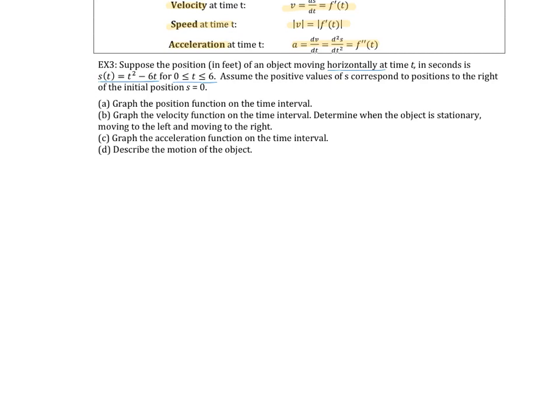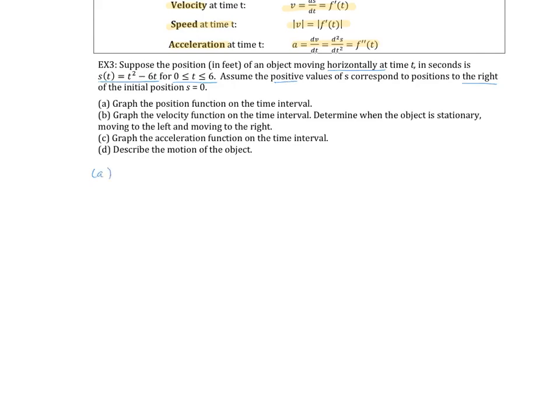Now we're going to assume that if the position function is positive, then the position of the object is going to be to the right. Remember, this object is moving horizontally. So if the position function is positive, the object is to the right of the initial position. If the position function is negative, the object is to the left.